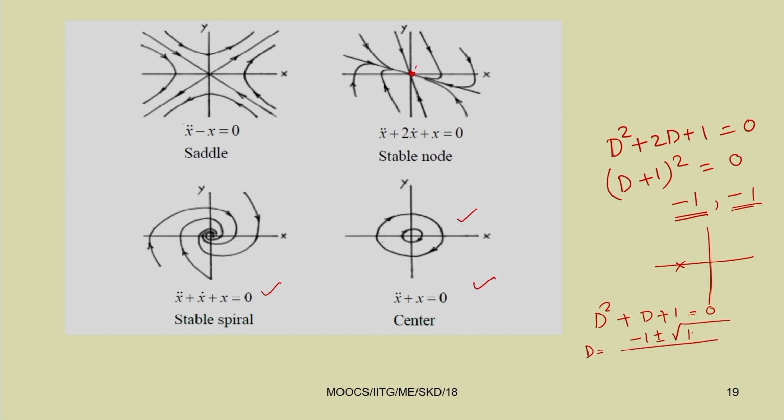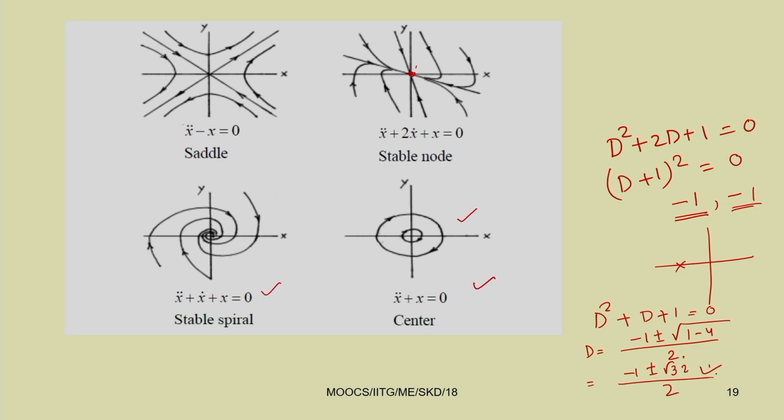Here b square becomes 1 and 4ac is 4, 2a is 2. So this becomes minus 1, and inside the square root we have minus 3. So it will be plus minus root 3 i by 2.